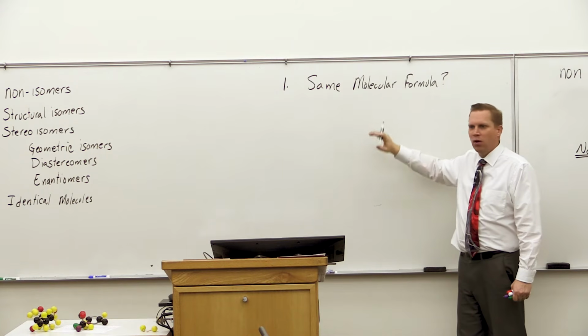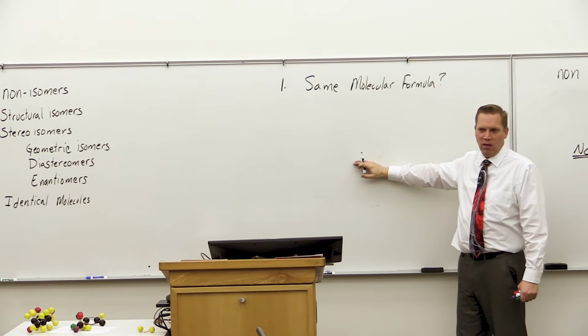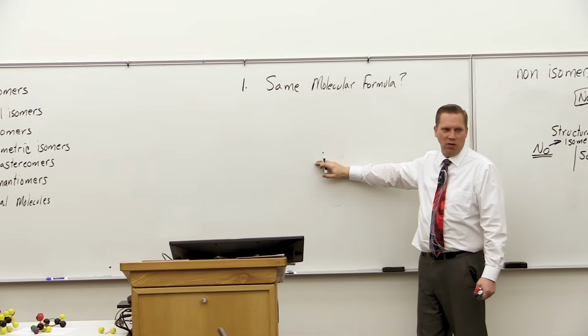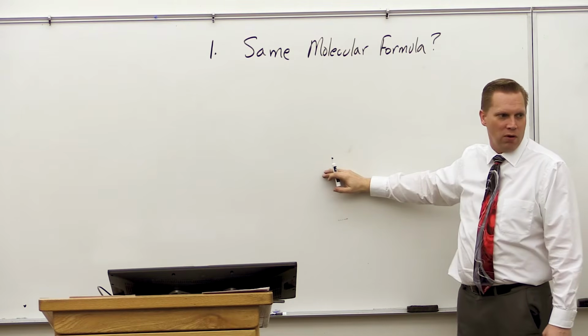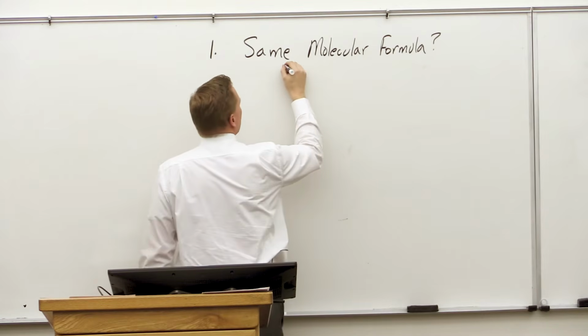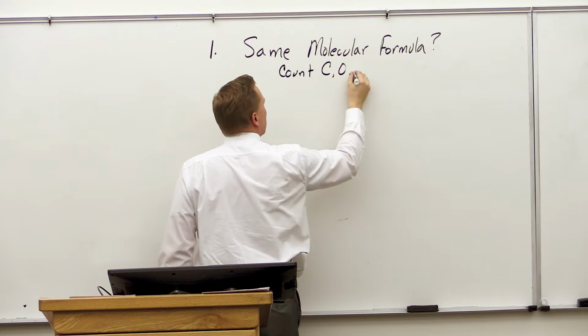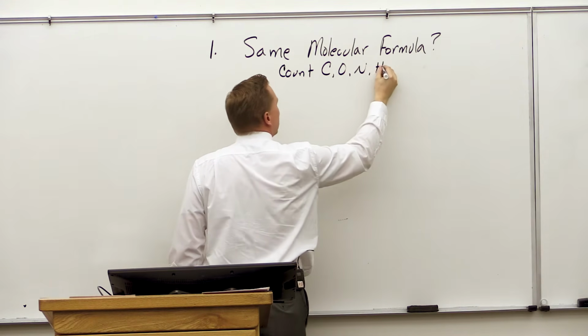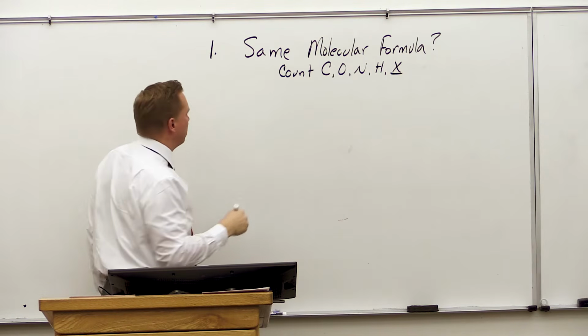You have to do the process in order. If you skip one of the steps, then there's a good chance that you may get it wrong. Your teachers will be able to trick you. If you do each step, you'll never get it wrong. So first step, same molecular formula. Count carbons. So we're going to count carbons, then oxygens, nitrogens, hydrogens, and then whatever X's, whatever elements there might be.